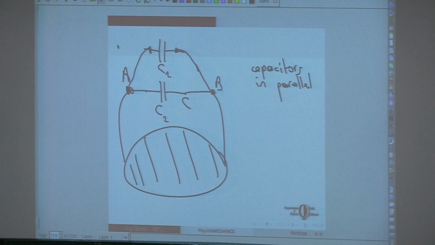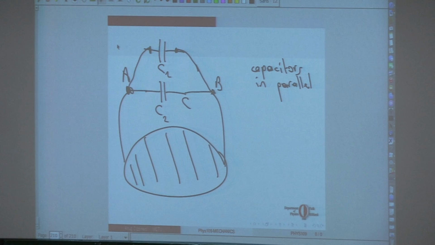And with two capacitors, there is nothing else you can do. These are the only possibilities we have. Either you connect one after the other, or you connect the same ends to the same points. That's why we only have two possibilities.